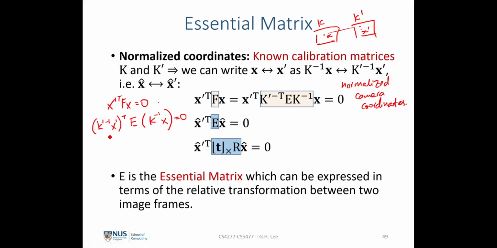So after we apply this transpose, we will get x prime transpose K prime inverse transpose E multiplied by K inverse x, and this equals 0.